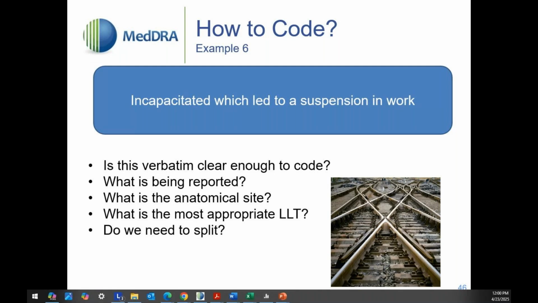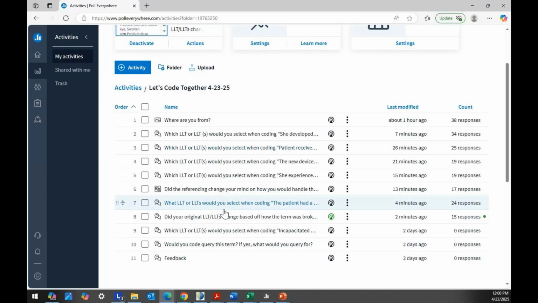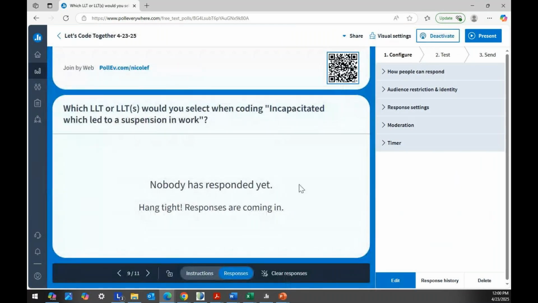Let's open up the poll and see what you exactly would do. Let's see how everyone would handle this. I opened up the poll, so give it your best go. You could search the browser.